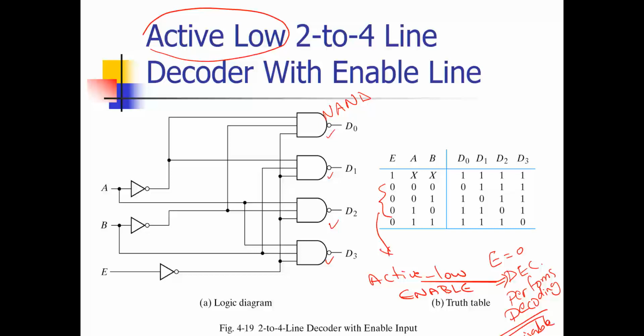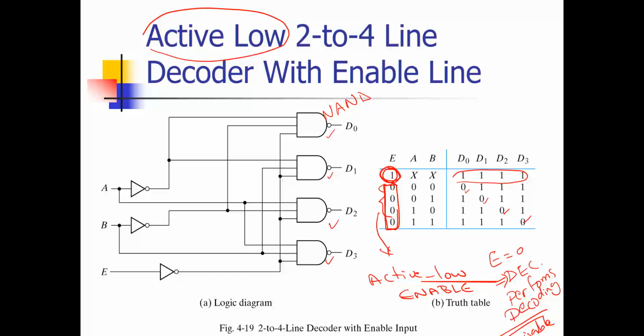You can see when enable equals 1 here, we have disabled the output of the decoder. There is no 0 in the output because it's active low. When the enable is 0 here, you can see that the decoder starts functioning by activating one of the outputs as low, which means that it is asserted.